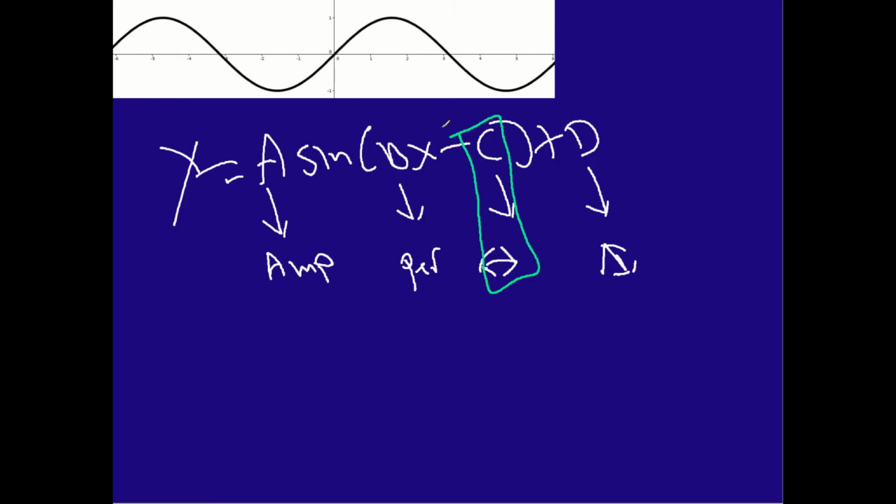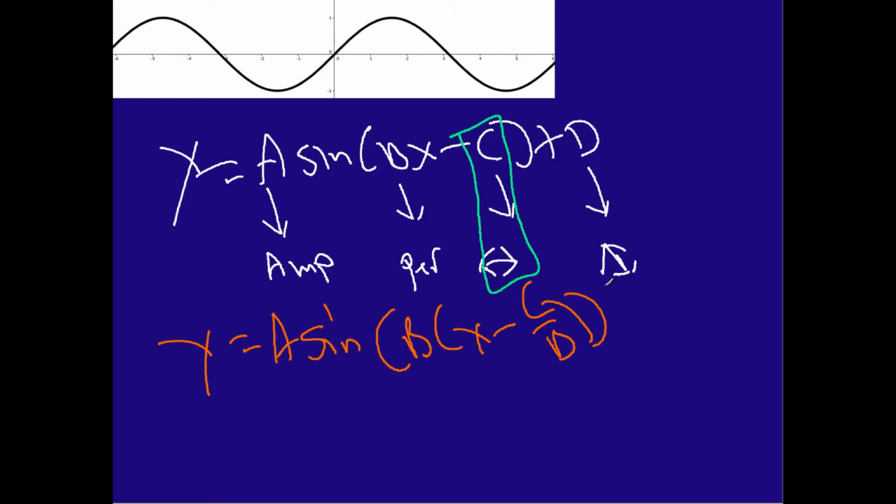There's one other way to write this, and it's going to be used primarily when you're dealing with the phase shift. That is y equals a sine of b times the quantity x minus c over b, plus d.